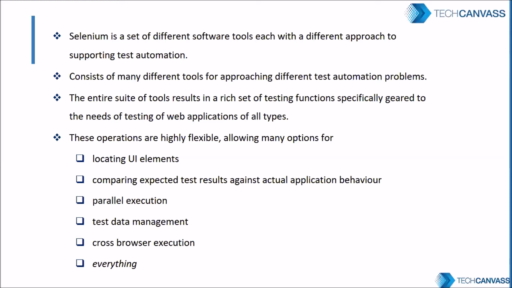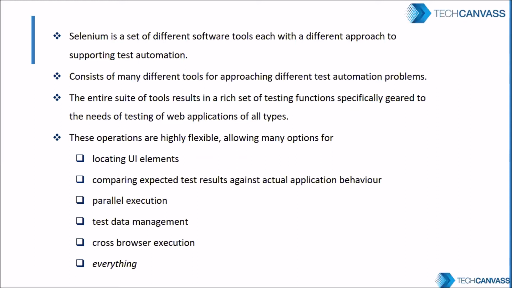The entire suite of tools results in a rich set of testing functionality specifically geared for the need of testing web applications of all types. Various operations are covered by Selenium, like locating UI elements, comparing expected results against the actual behavior, which is the crux of testing.